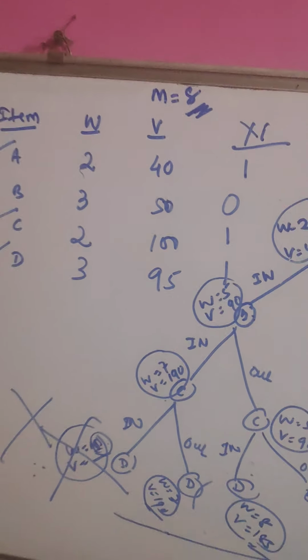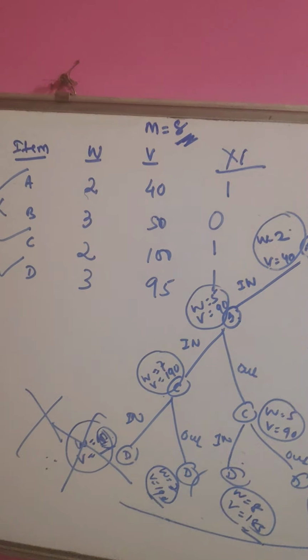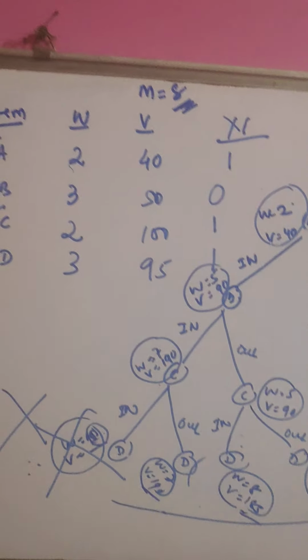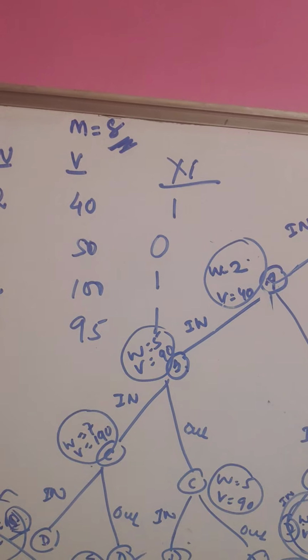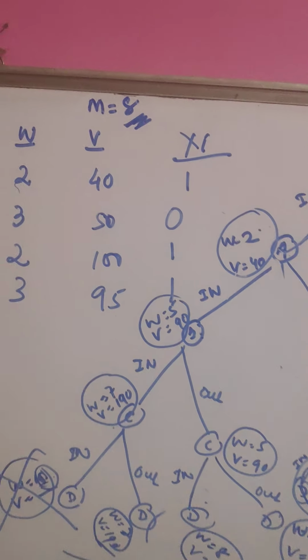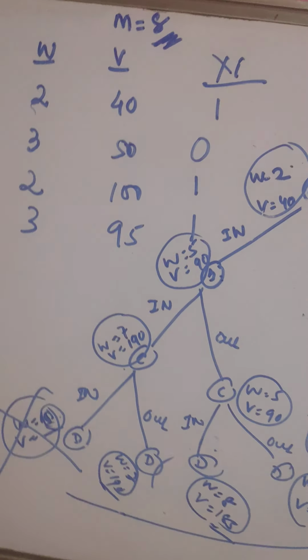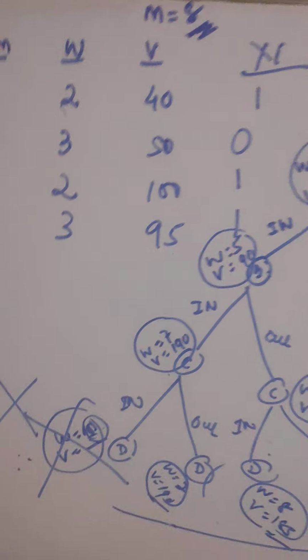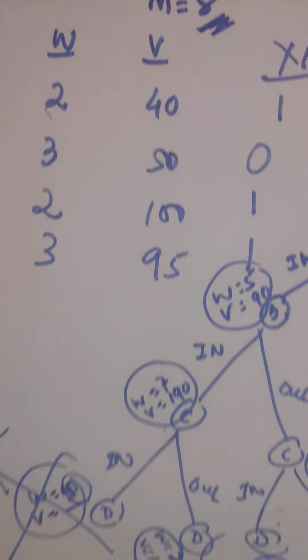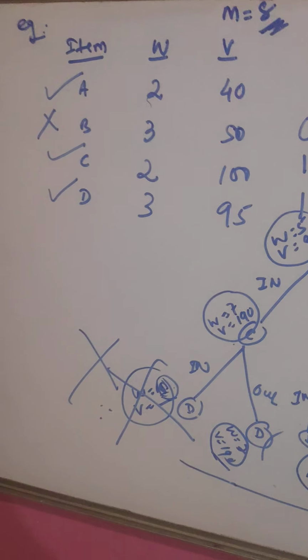As per the condition, it should be less than my bag size, and bag size was 8 kg. And the profit I got is Vi xi, that is 40 into 1 plus 50 into 0 plus 100 into 1 plus 95 into 1. It is 235. So this is the maximum profit. The solution is 1011 and profit is 235.